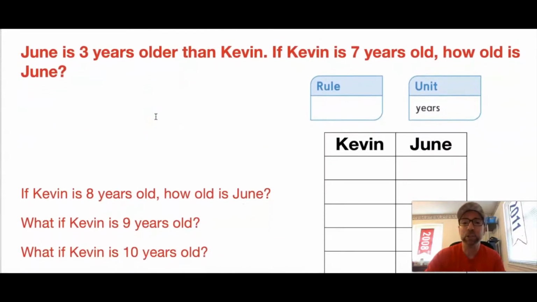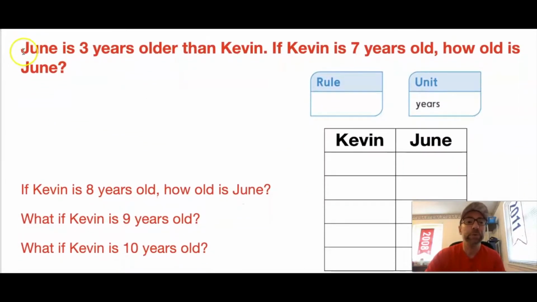I have a little story. June is 3 years older than Kevin. If Kevin is 7 years old, how old is June? Well, I have a little table, and my table has Kevin on one side and June on the other side.